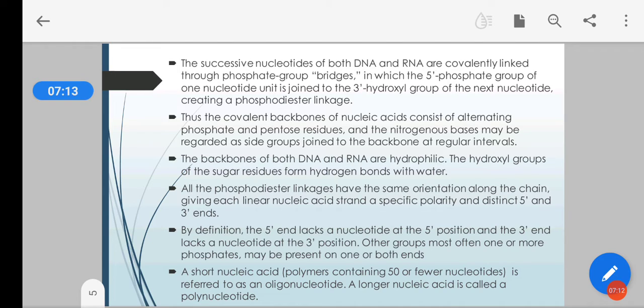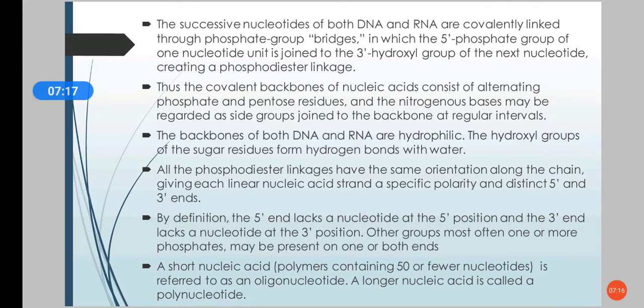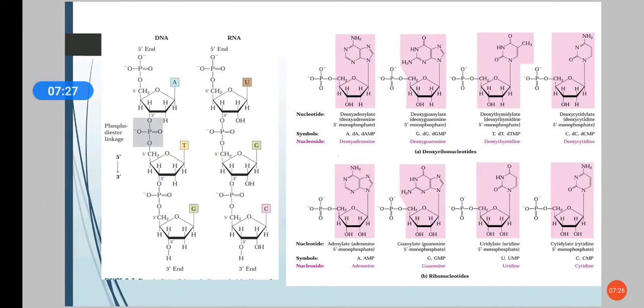In the backbone of a nucleic acid you can see alternating phosphate and pentose residues. The side groups are the nitrogenous bases.